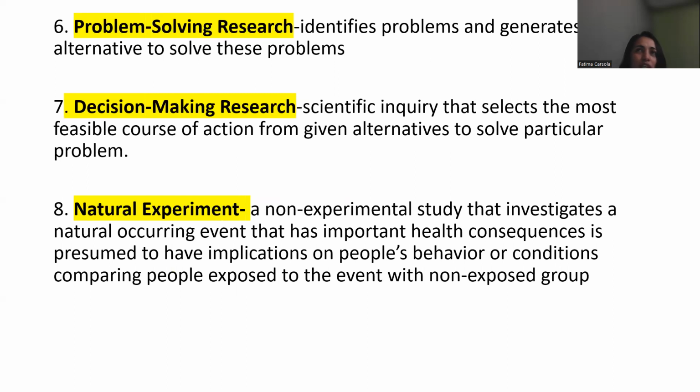It is actually, for now in the book of Polit, this type of research is no longer used, because it is under the umbrella of other designs of research. So when you say decision making, again, you have to select the best action to solve a problem.